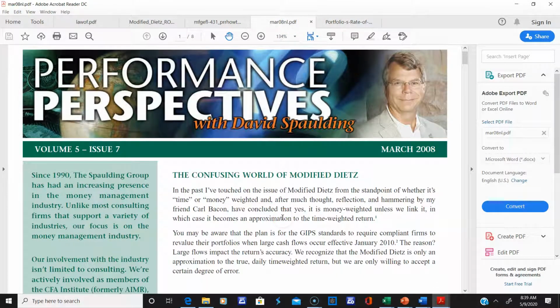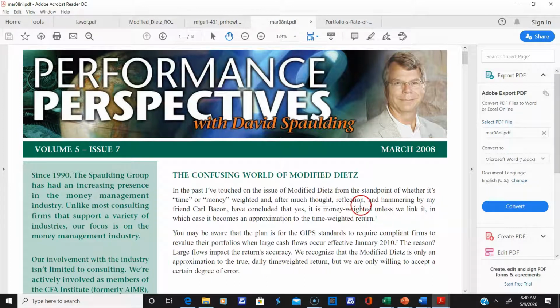And this is another nice document, and it's called The Confusing World of Modified Dietz. So in the past, I've touched on the issue of modified Dietz from the standpoint of whether it's, you can see the confusion, whether it's time or money weighted.